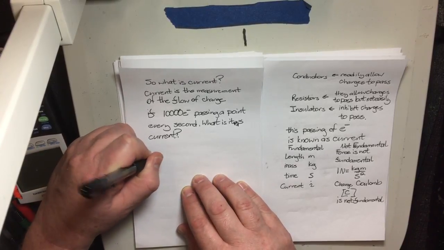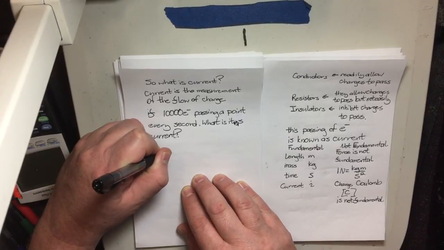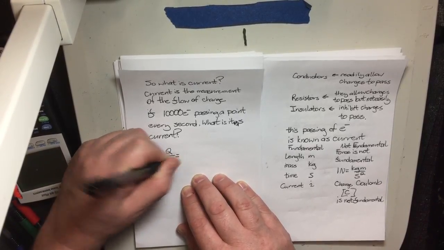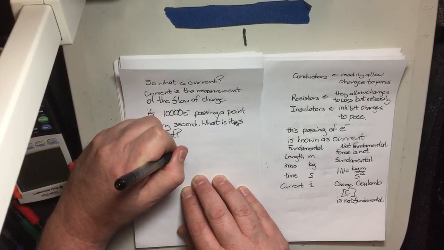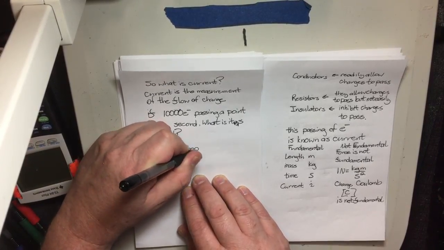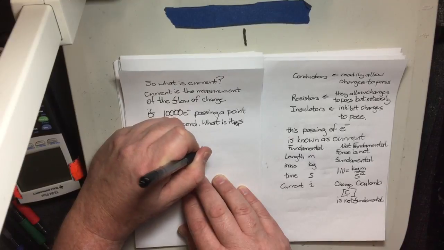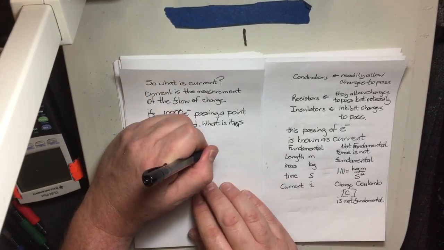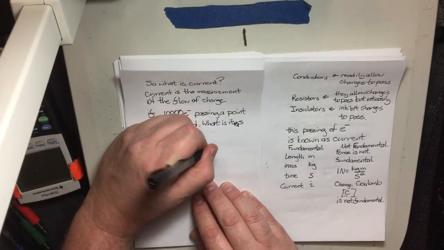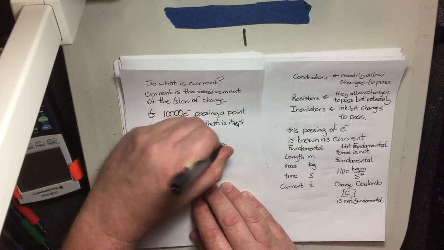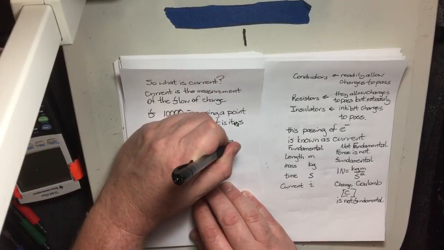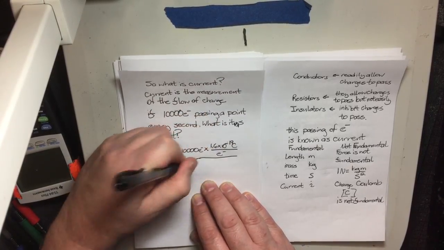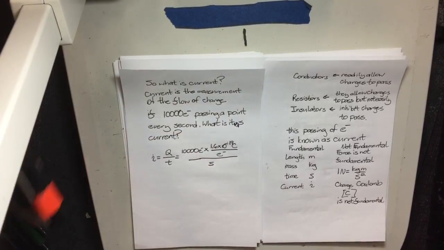Current is defined as the amount of charge divided by the amount of time. The amount of charge is 10,000 electrons times, and I'm really not interested in the positive or negative right now, 1.6 times 10 to the negative 19th coulomb per electron, divided by second.